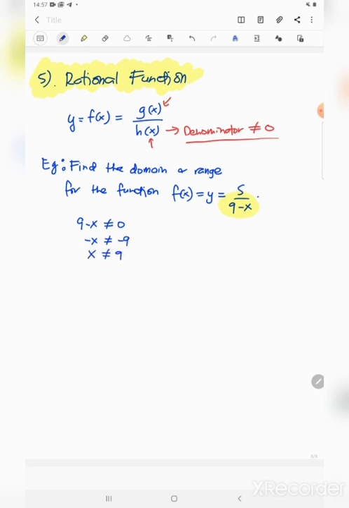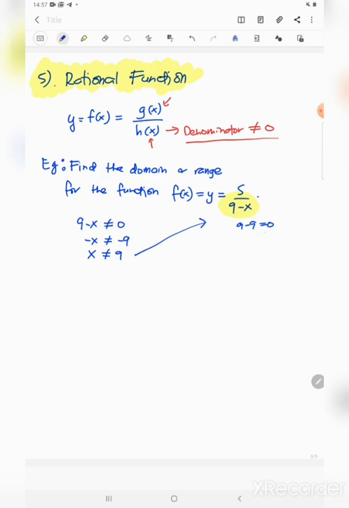x cannot be 9, because when we put 9 into this denominator, the value will be 0. 9 minus 9 equal to 0. Why can we not put 0 for the denominator?